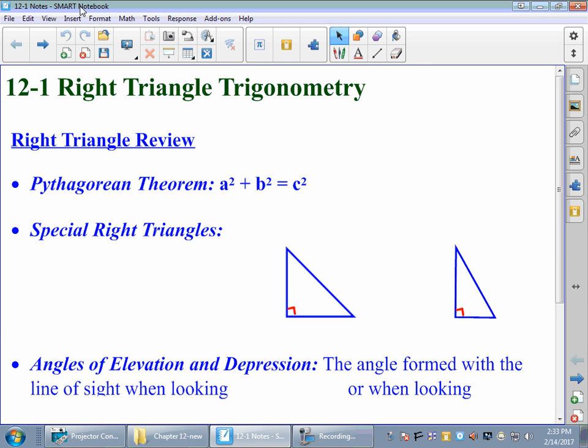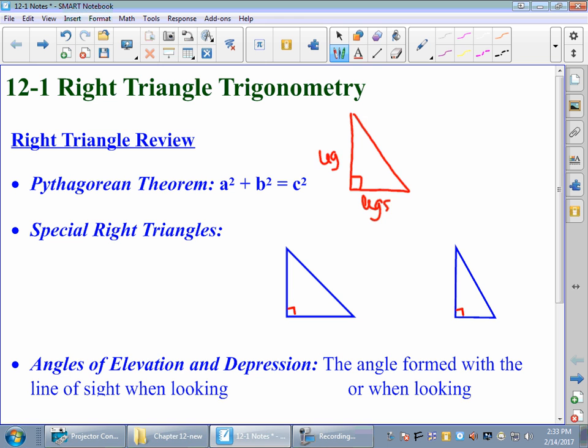The Pythagorean theorem is built around the idea that you have the sides and the legs of a right triangle. If you have the two legs, which form the 90-degree angle, the third one, opposite the right angle, is called the hypotenuse. That is always the longest side.